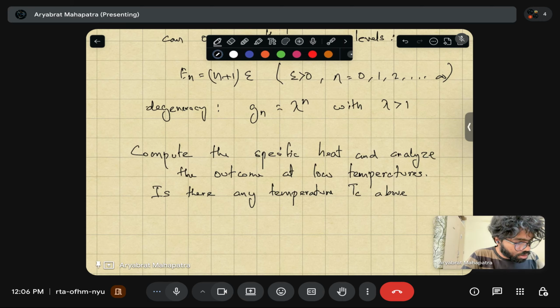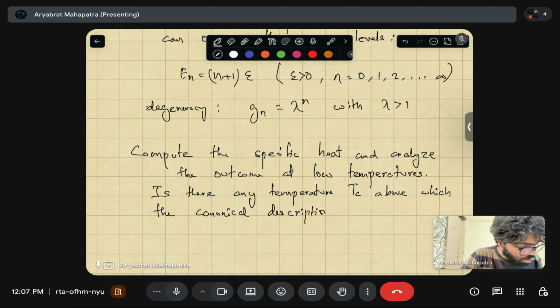Is there any temperature Tc above which the canonical description is not well posed?